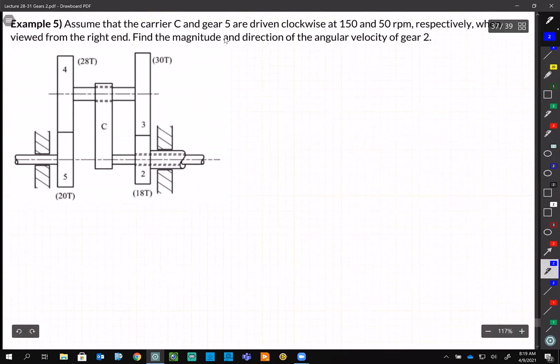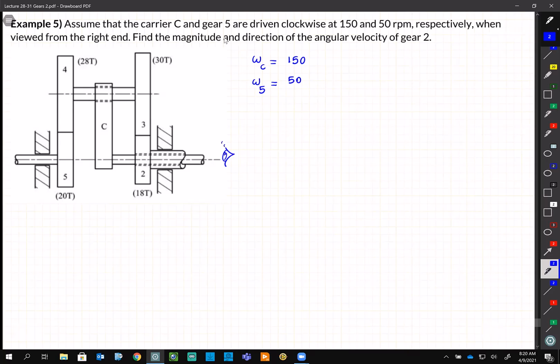So we have omega C 150 and omega 5 50 RPM. It says when we view them from the right side. So we'll stick with viewing from the right side. This is my eyes looking at it.